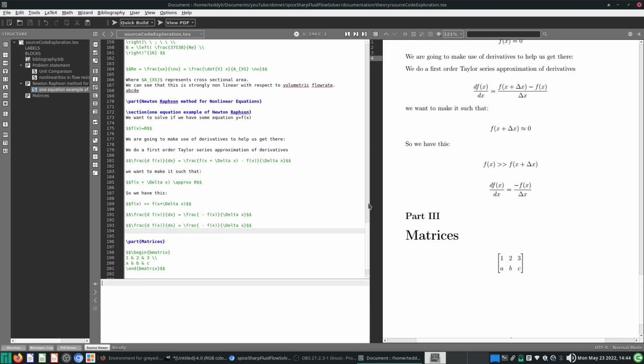So let's make this equation explicit in delta x. Solve for delta x. I'm going to make delta x the subject of the equation.